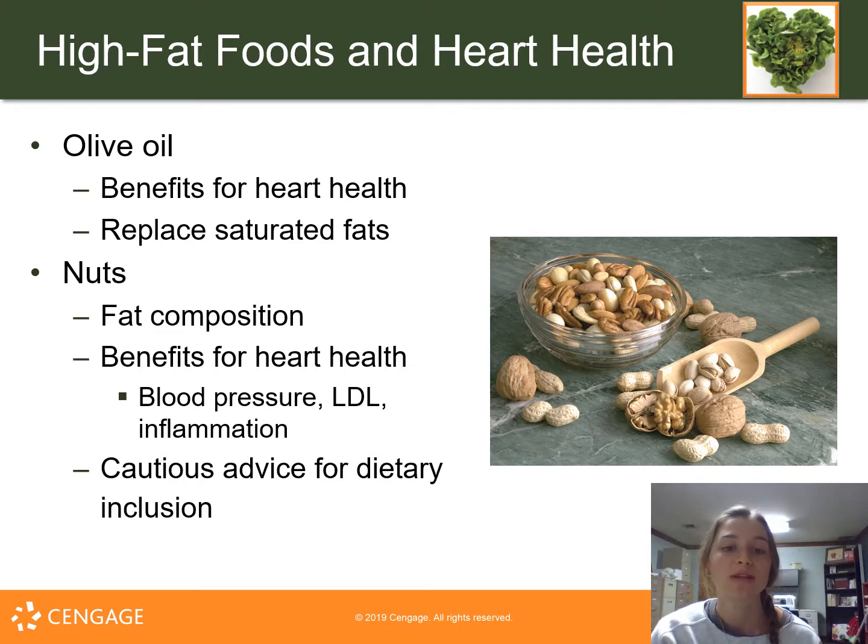And you do need to be cautious of the dietary inclusion of nuts, as they can sometimes be high in saturated fats and calories. So make sure you're consuming those in mindful proportion.